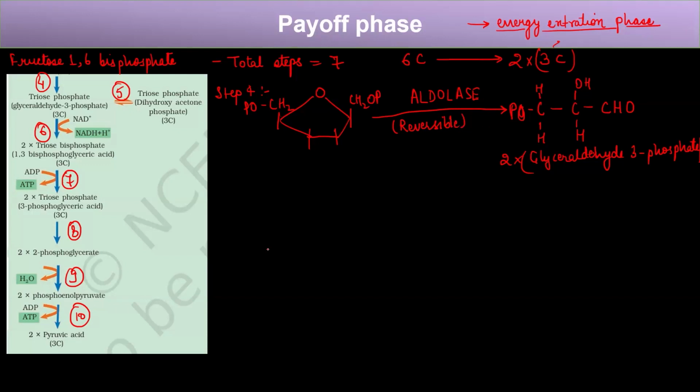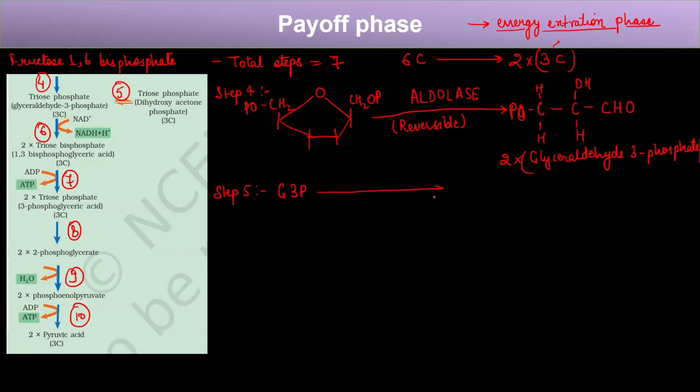Now, in step 5, whatever glyceraldehyde 3-phosphate is formed is kind of unstable. So I'm writing it as G3P, glyceraldehyde 3-phosphate.